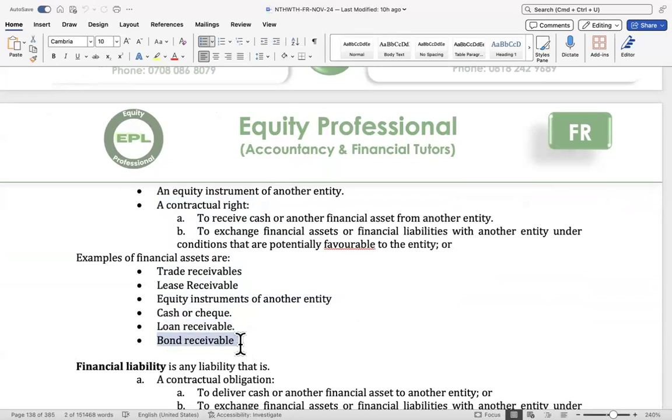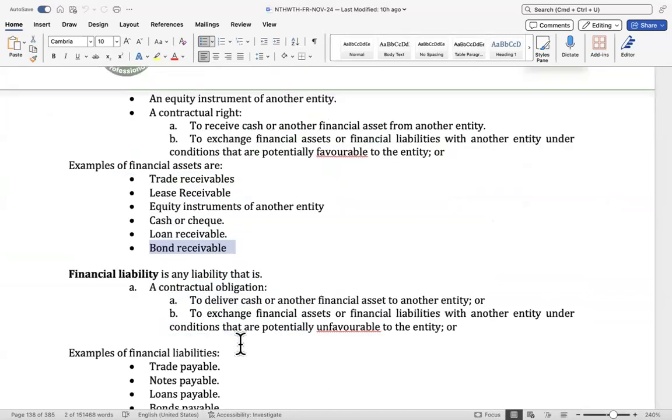For financial liability, what I need you to focus on is that it is any liability that is a contractual obligation to deliver cash. Contractual obligation to deliver cash. So when you are the one that must deliver cash, then you have a financial liability.